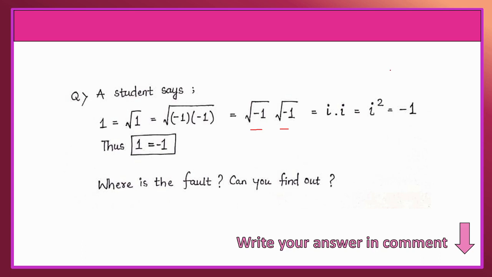We have seen before that i squared equals minus 1. So he is proving that 1 equals minus 1. So my question is, where is the fault? Can you find out where he has made the mistake? Write your answer in the comments. We'll see in the next video.